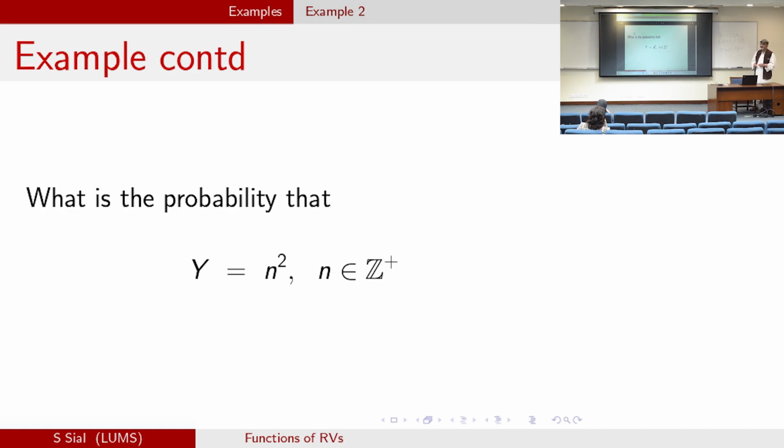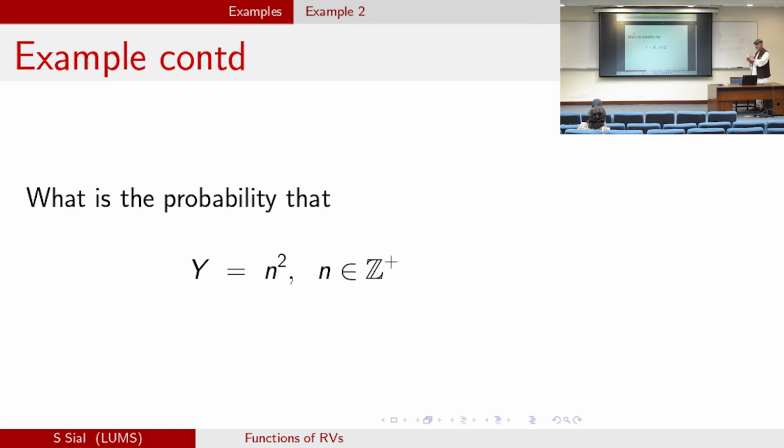The probability that y is equal to n squared, for n some positive integer. What's that? The probability that y equals n squared is that y is only equal to n squared if x was equal to the positive integer n.